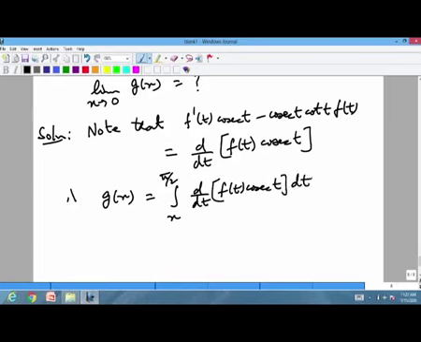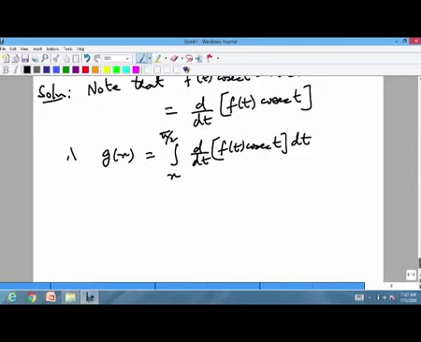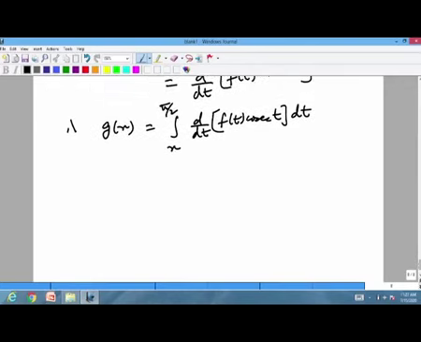Once we know the antiderivative of the integrand, then by the fundamental theorem of calculus, this is equal to f t cosec t evaluated between x and pi by 2.